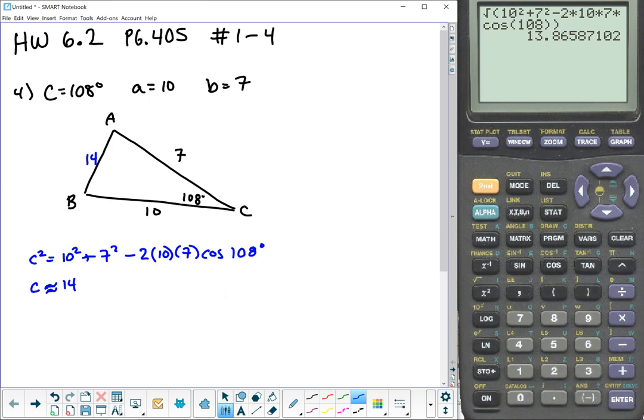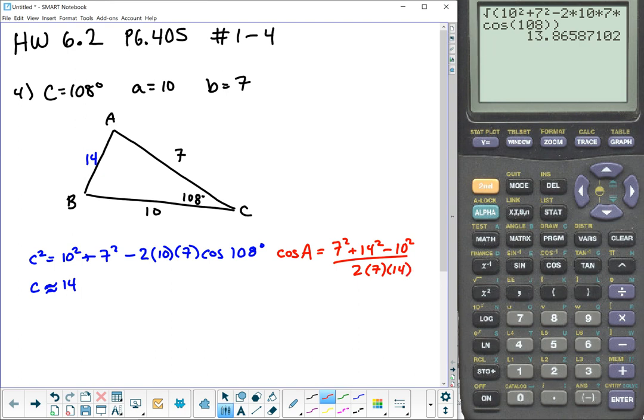Once I have that, I can now go into my angle A or angle B. So I'm going to do angle A. I'm going to start with cosine of angle A equals, since I'm doing angle A, I'm going to use B, which is 7 squared, and C, which is 14 squared, minus the side A, which is 10 squared, over 2, use the 7, and use the 14 again.